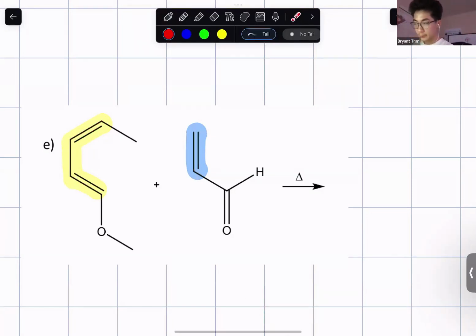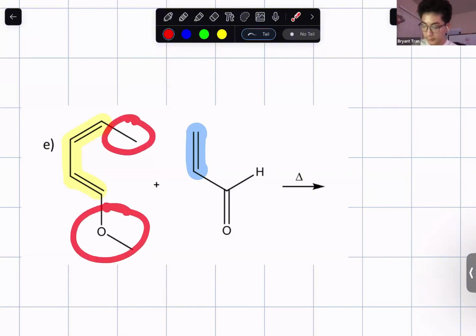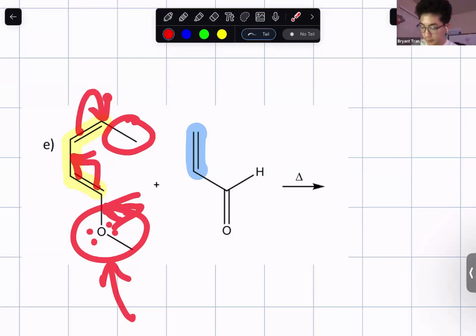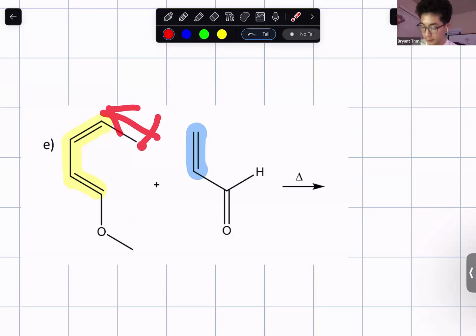Then once I found that, I look at the regioselectivity where I have to align the charges, right? So I have 2 EDGs on the diene. But this EDG right here is a stronger EDG because it could directly donate electrons into the system by resonance, whereas this R group here is a weaker EDG because it's only donating electrons by induction.